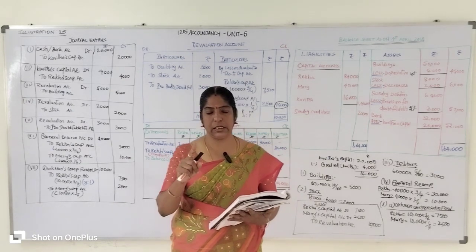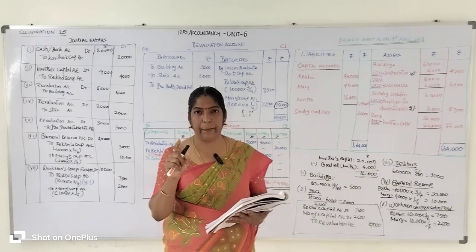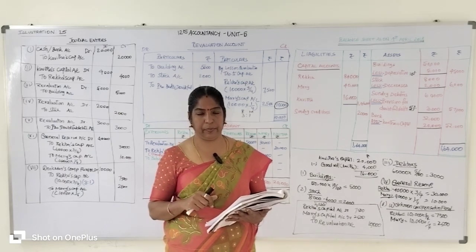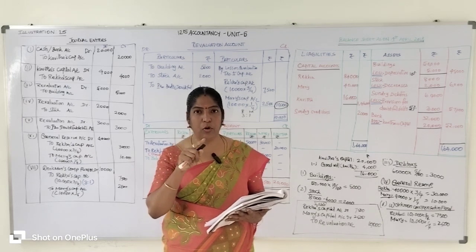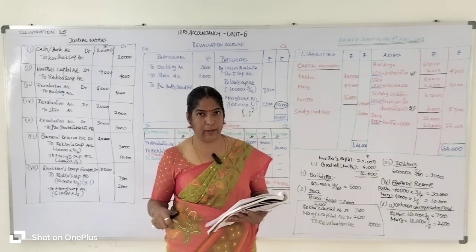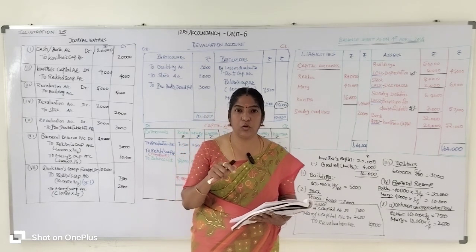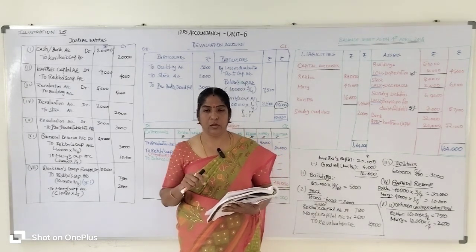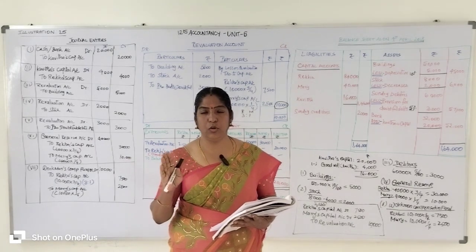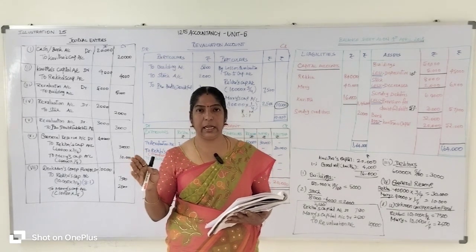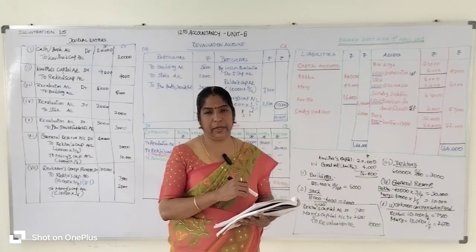She contributed 20,000 rupees capital at the time of admission, but she didn't contribute her share of goodwill 4,000 rupees. So how will it be compensated?